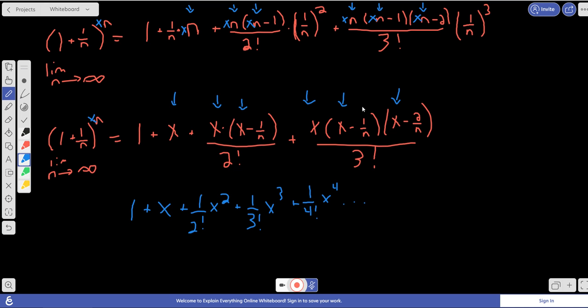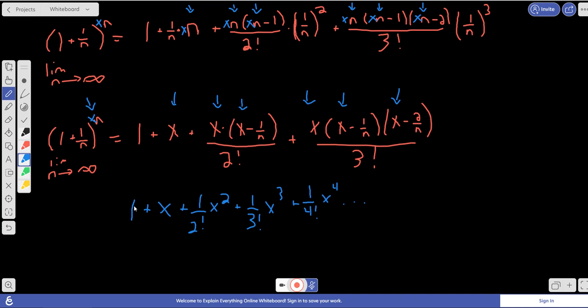So we have this really nice pattern where we end up with basically what we had with e, where we had 1 plus 1 plus 1 over 2 factorial plus 1 over 3 factorial, except this extra exponent just gets put in front of what we had.